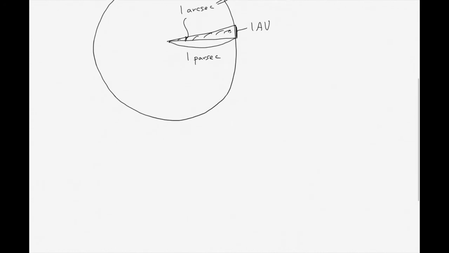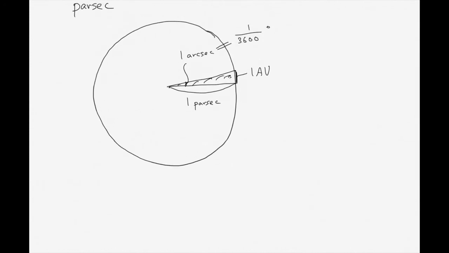Okay, then we'd like to express this 1 parsec in CGS units. CGS: C is centimeter, G is gram, S is second. So in this case, we need to use centimeters to express the parsec. That's the length.